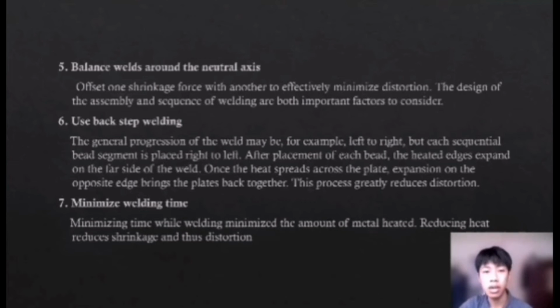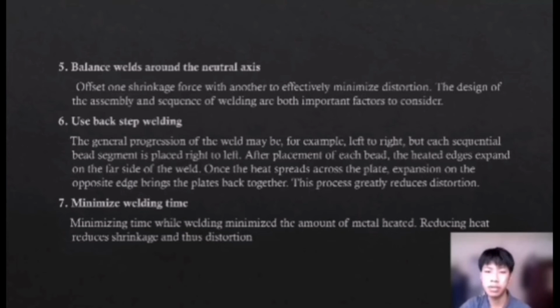Number 6. Use backstep welding. The general progression of the weld may be, for example, left to right, but each sequential weld segment is placed right to left. After the placement of each bead, the heat is expanded on the first side of the weld.